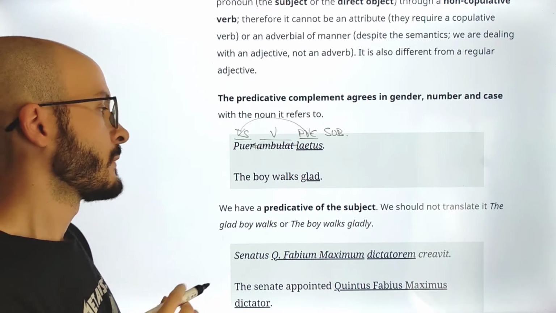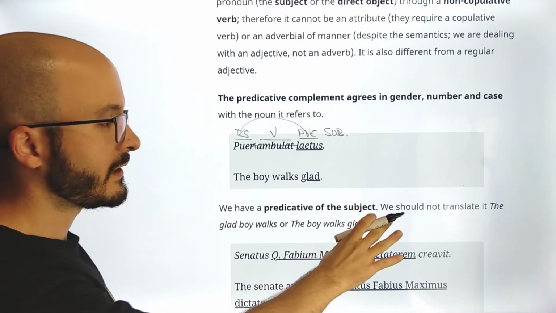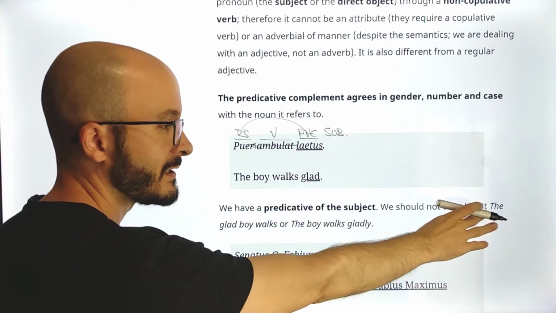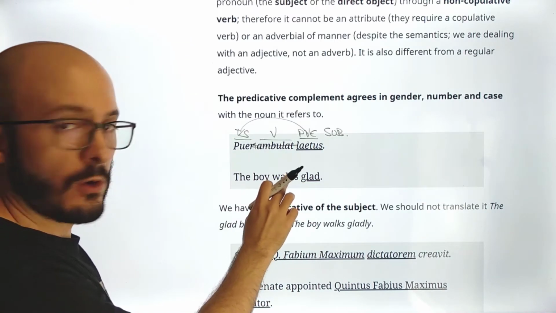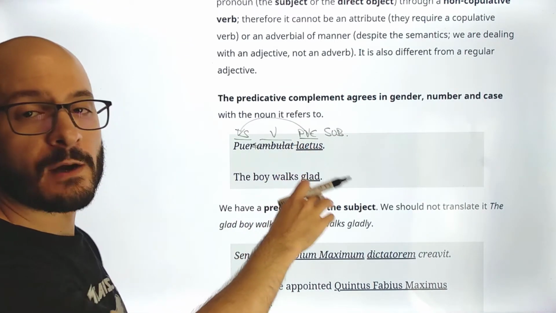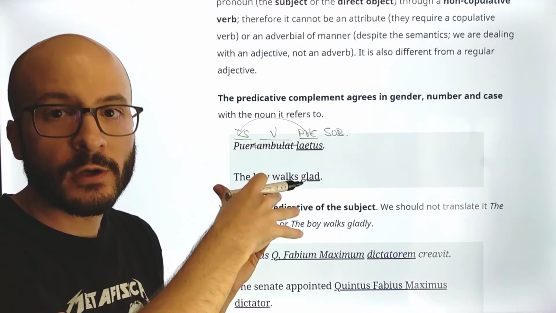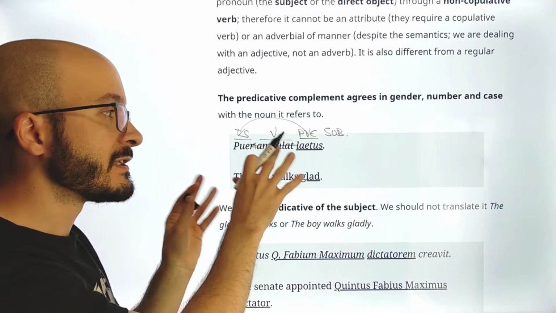Okay? Now, notice I say here, we should not translate it as "the glad boy walks", because if we say the glad boy walks, then it would be a regular adjective. The glad boy does something. No, it is not that.